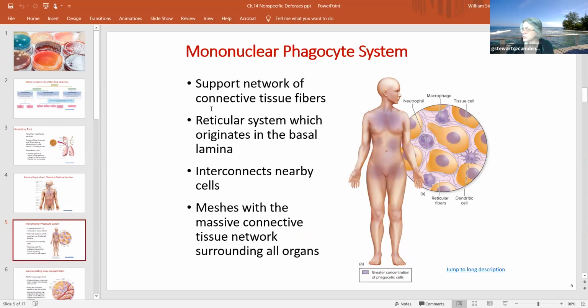So the first system that they talk about is this mononuclear phagocyte system. And on this woman, you see where these purple areas are on her body. That's illustrating high concentrations of these particular phagocytic cells and where they're located. Notice they're located primarily in the trunk, right?